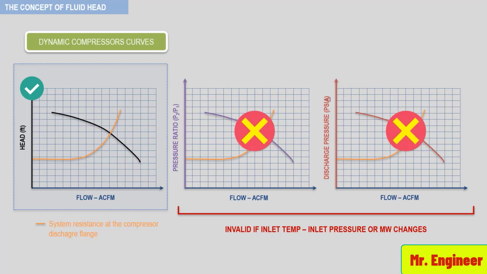This may be confusing at first, but refer back to a previous video where we talk about how head is produced by a dynamic compressor. Recall, it is a function only of impeller diameter and shaft speed. Gas density has an impact on the head required by the process only.